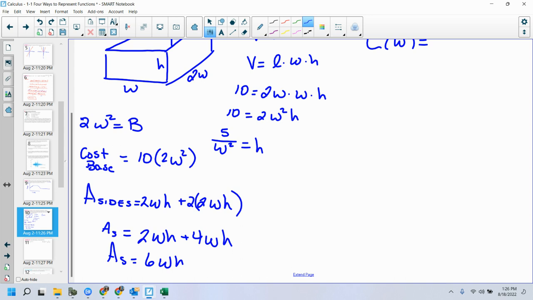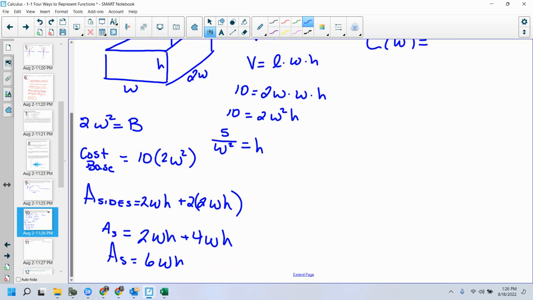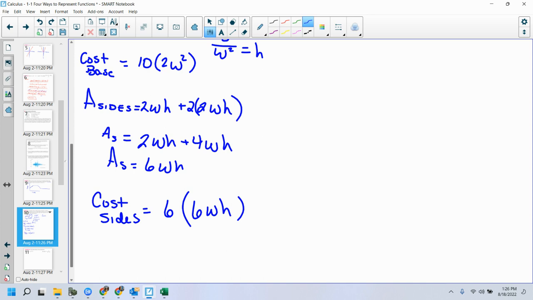So what's the cost of the sides? Well, it's $6 times the amount of area, right? Just so happens these are both 6. So I say cost of the sides is equivalent to $6 times its area. Now, total cost is equivalent to its base plus the sides, right? Cost of the base plus cost of the sides.